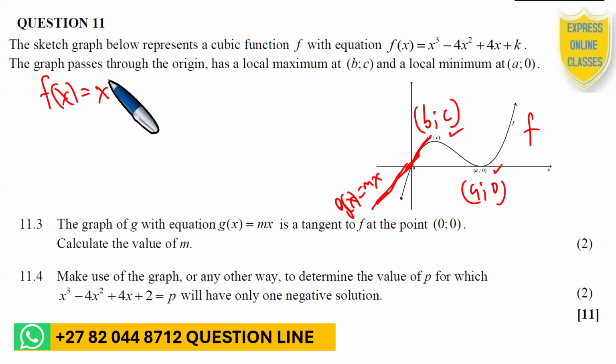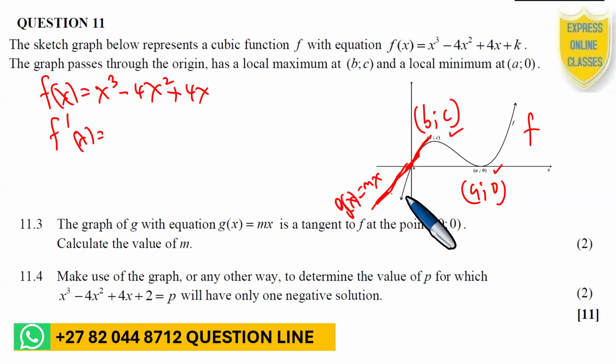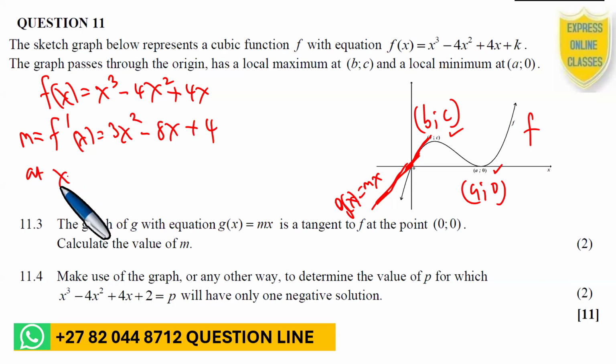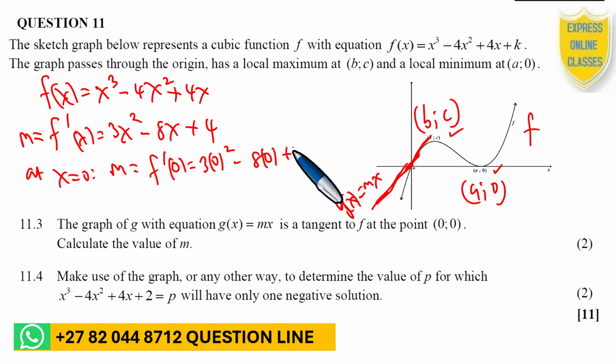Yes, a little bit more to it, but you're on point. Because it touches at the origin, we need to find the derivative of this function, which is the slope or the gradient, which is m. So the derivative is 3x squared minus 8x plus 4. It is evaluated at the origin, which is 3(0) squared minus 8(0) plus 4, which equals 4.